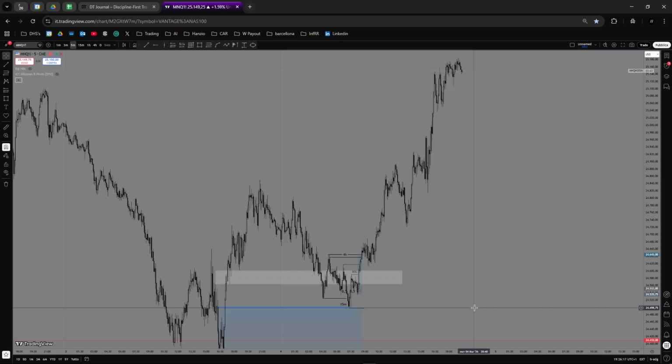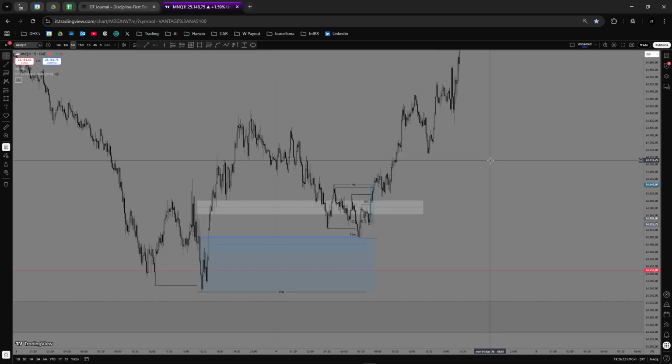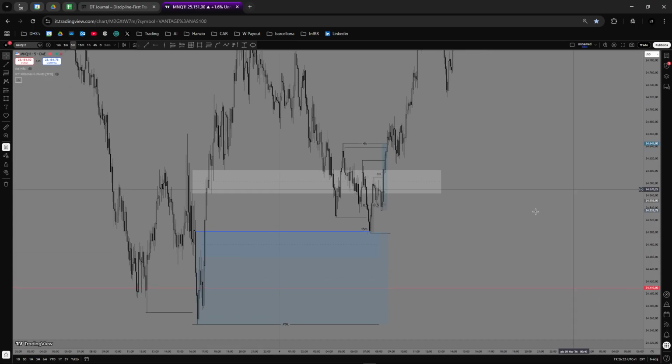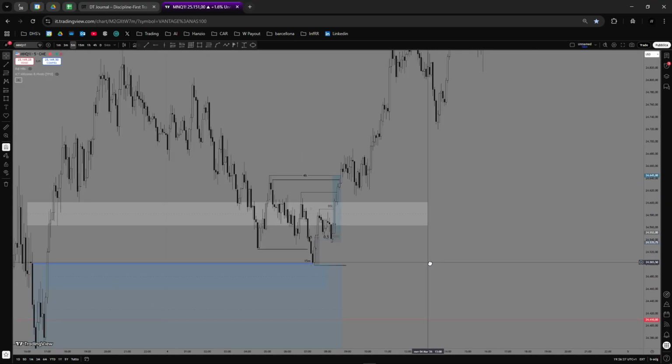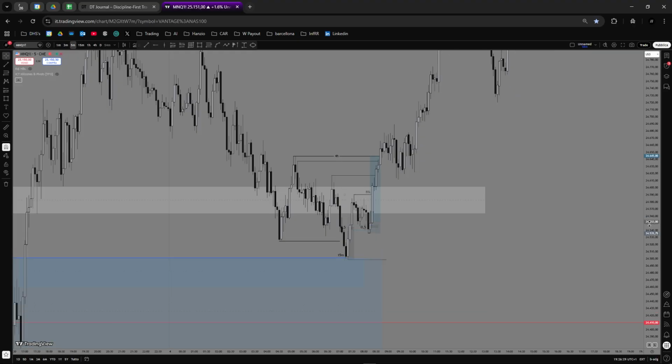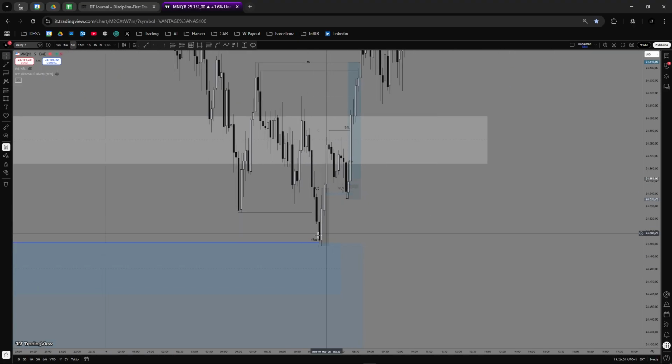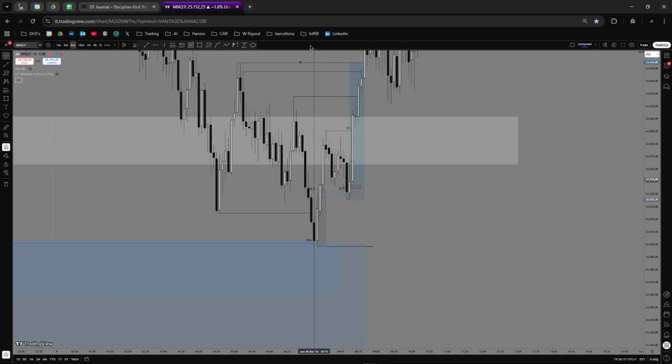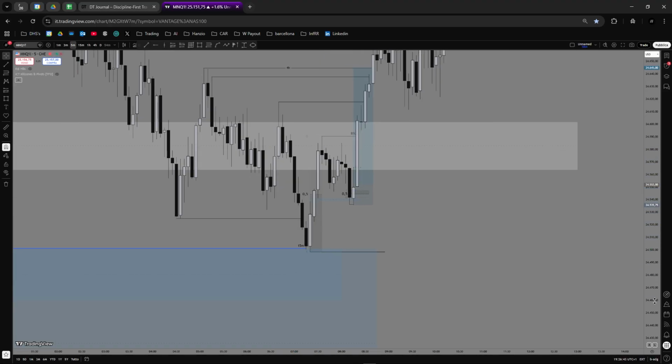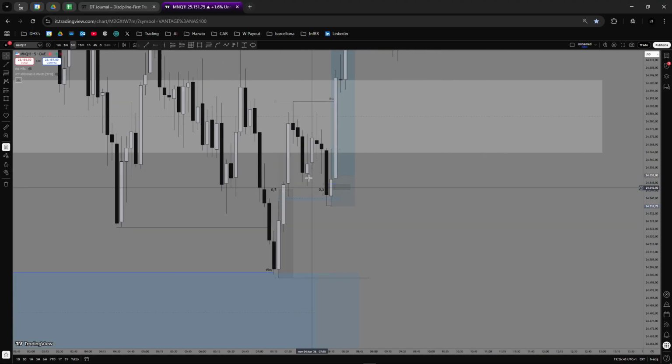This was, I think, a 600 point expansion. Yeah, more like a 700 point expansion. I wasn't predicting this whole move, but that's okay. As soon as we hit and swept this low here during Asia, the end of Asia, we ended up making this price leg here, which later on was rebalanced.